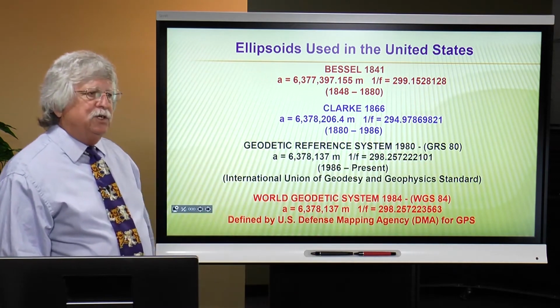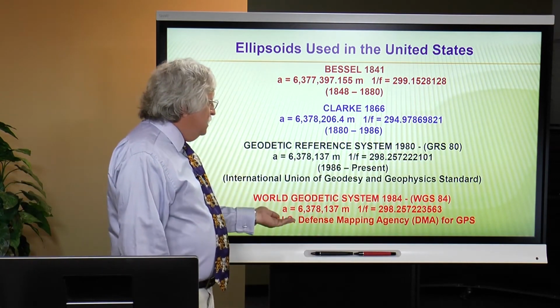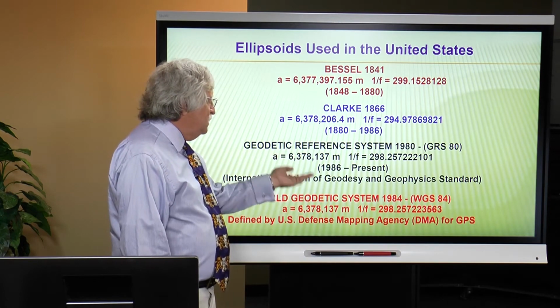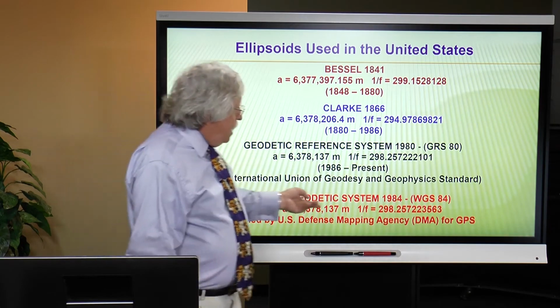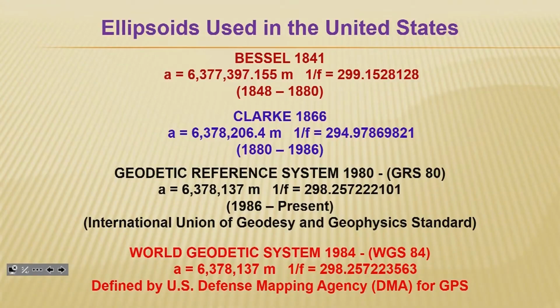Let's look at WGS 84. A is 6,378,137. Well, that's identical. It's the same value. So far, batting 1,000. Let's look at the flattening: 298.257223563. Now we have this minor difference in the flattening.